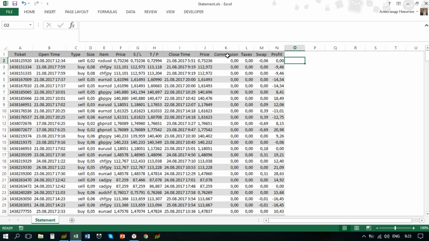Okay, so we have commissions, we have taxes, we have swaps, we have profit, but we don't have pips. Let's calculate the amount of pips.